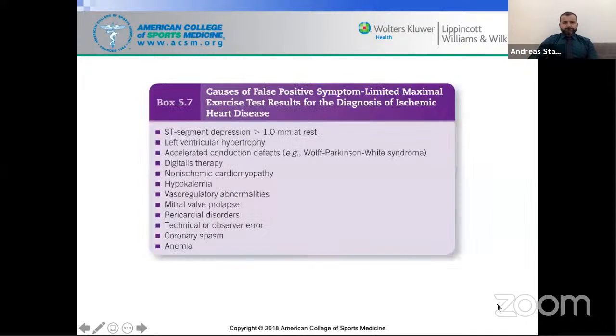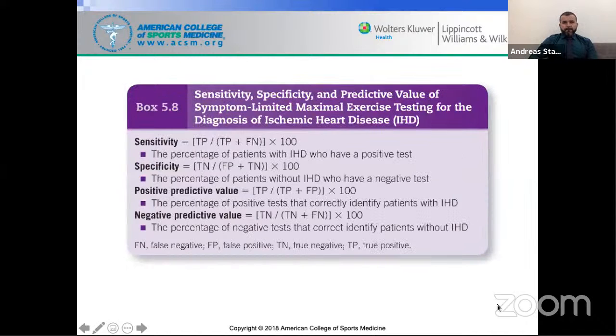So here we have some formulas. In general, we need to know the percentage of positive tests that correctly identify patients with IHD and the percentage of negative tests that correctly identify patients without IHD. This is the sensitivity, and this is the specificity of tests.